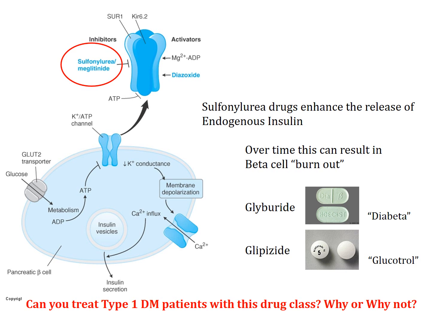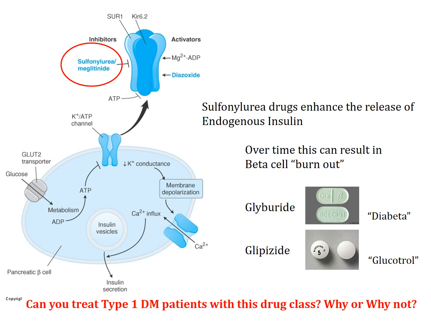The sulfonylurea drugs act on the beta cell, on one of these potassium ion channels, and by inhibiting that potassium ion channel, we get more release of insulin. So we're forcing the type 2 diabetic patient to release more insulin, okay? Glyburide and glipizide, so Diabeta, a trade name, Glucotrol, a trade name, that's what these drugs do.